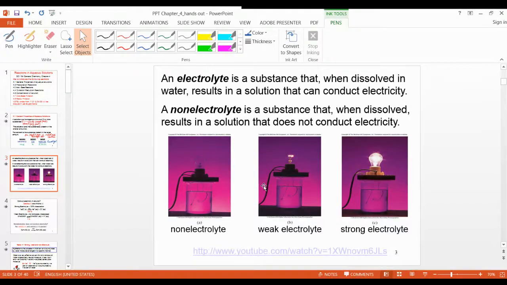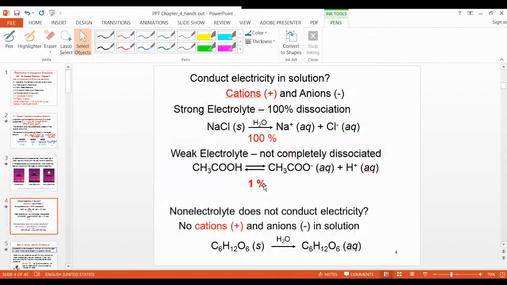Clear. Right. So now I will concern the weak and strong electrolyte, and I will give you an example. First of all, I will tell you how electricity is conducted, how you will get light. This is all about the cation and anion.